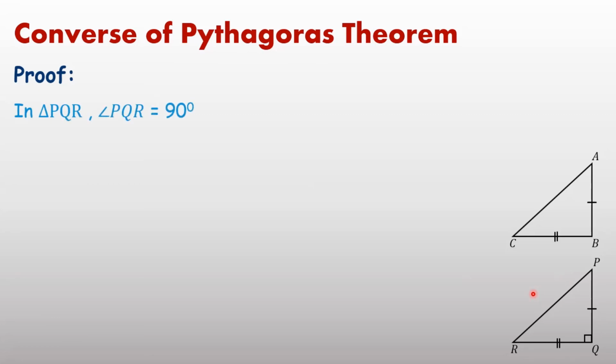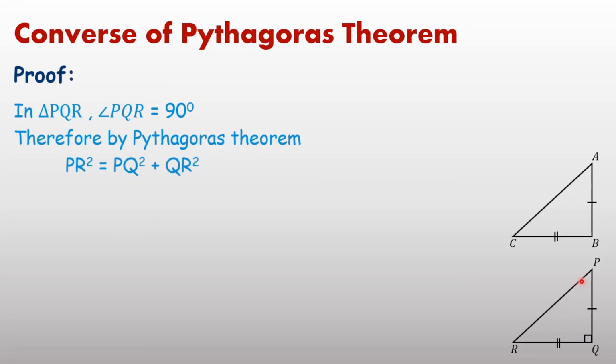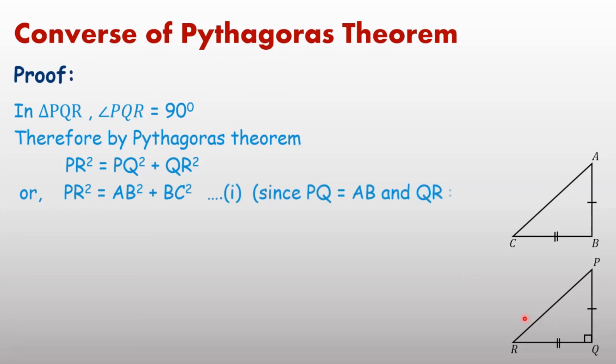In triangle PQR, angle Q equal to 90 degrees, we can apply Pythagoras theorem. And by Pythagoras theorem, you can write PR square equal to PQ square plus QR square, or PR square equal to AB square plus BC square. In place of PQ, we can write AB, and in place of QR, BC, by construction.